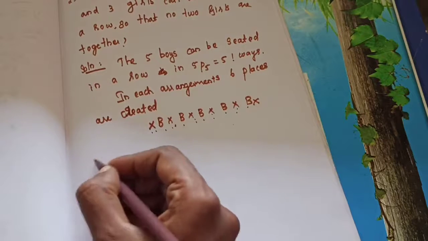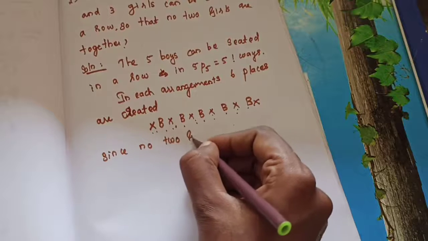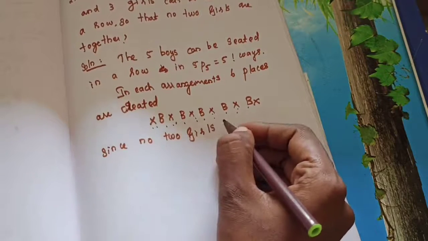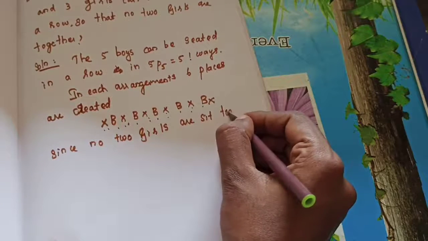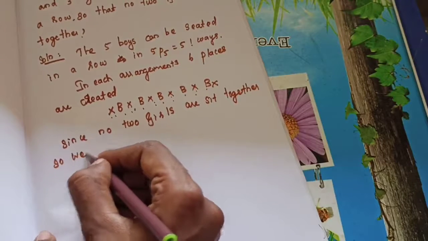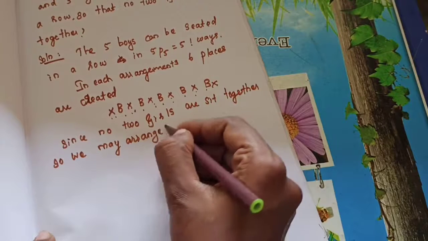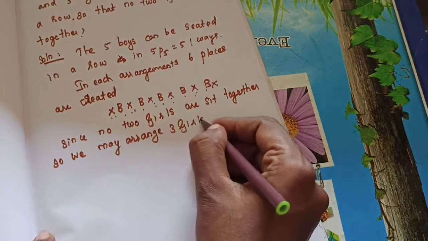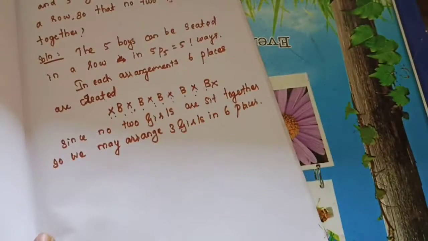So since no 2 girls sit together, we may arrange 3 girls in 6 places. Am I right? They said in the question, no 2 girls sit together. So in between the boys only they can sit.